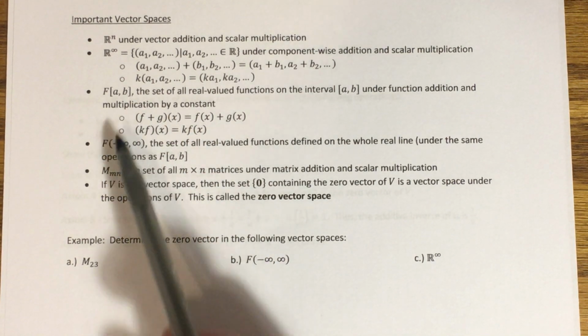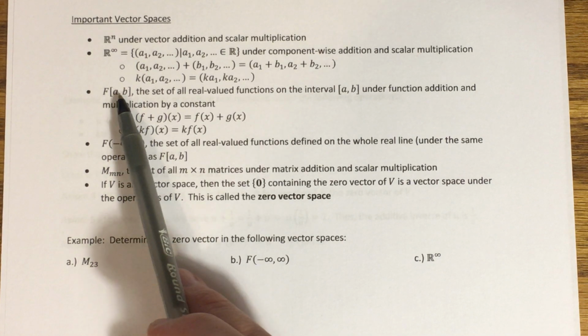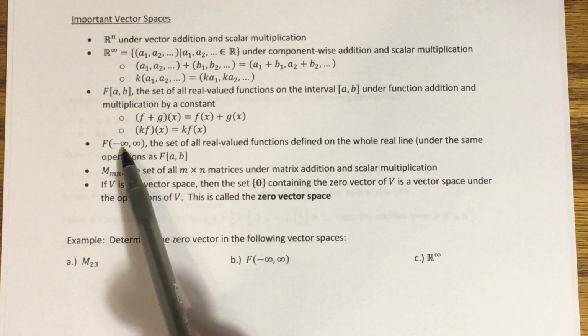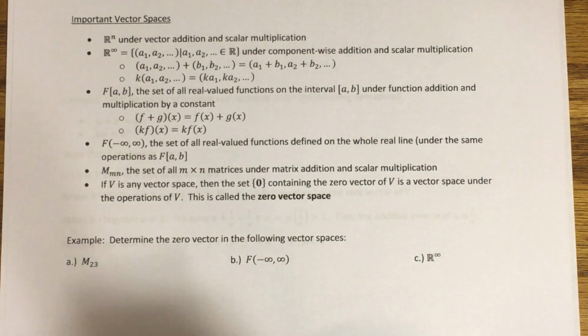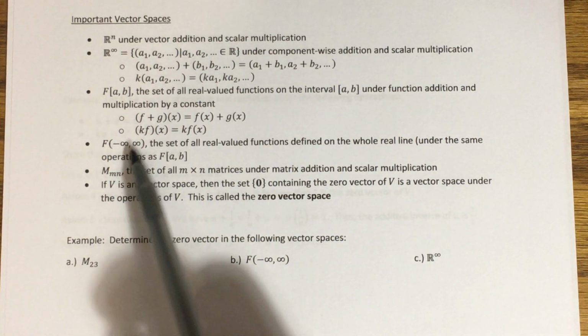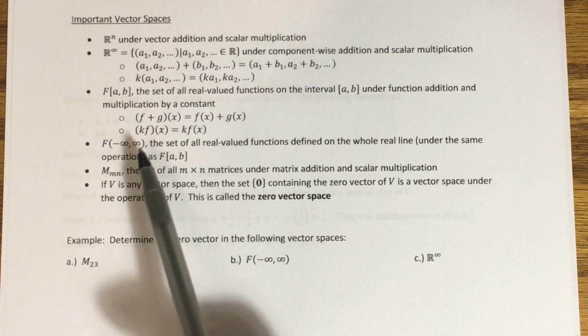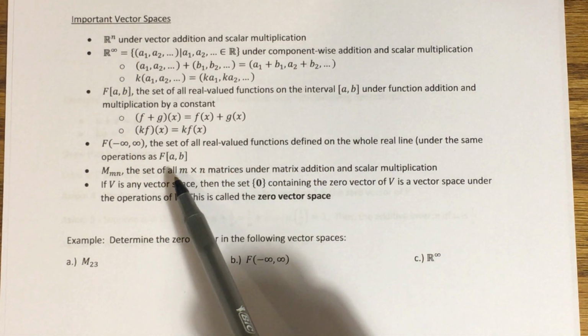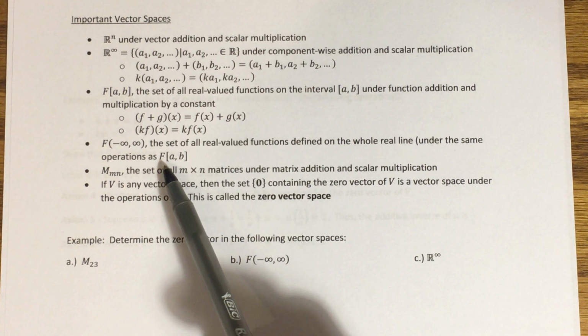Okay. In the same vein, if instead of using a closed interval AB here I use open parentheses, negative infinity to infinity, remember that's the interval notation for the real line. So this is a similar set. We just define this to be the set of all real valued functions that are defined everywhere on the real line, their domains are all real numbers. And we use the same operations as FAB.